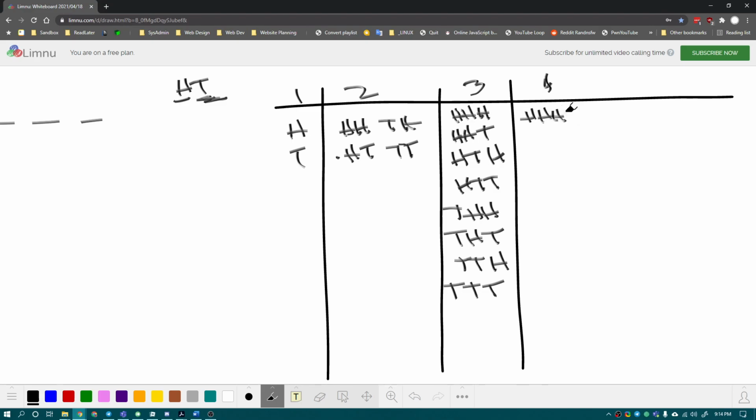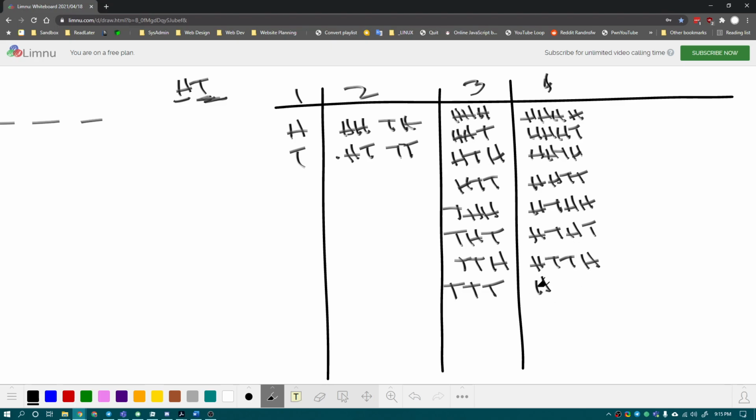HHHH, HHHT, HHTH, HHTT, HTHH, HTHT, HTTH, and HTTT. Now I'm just going to do exactly the same thing, but instead of leading with an H, I'll lead with a T.